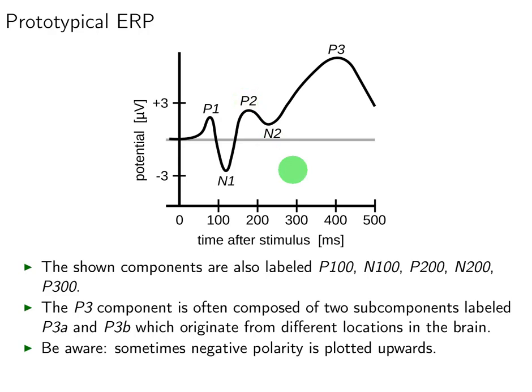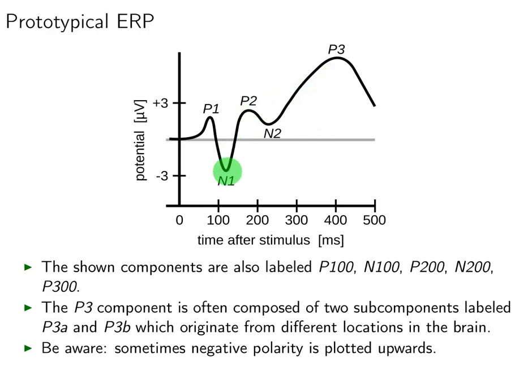Some ERP components are instead labeled by acronyms that refer to their function. For example, PE is a positive deflection related to erroneous decisions.